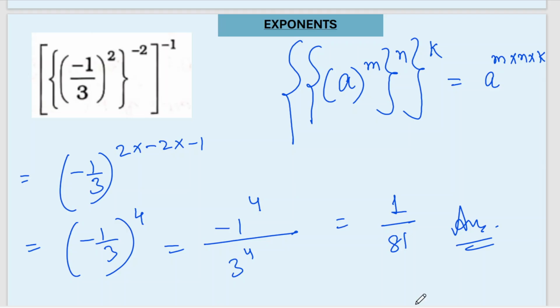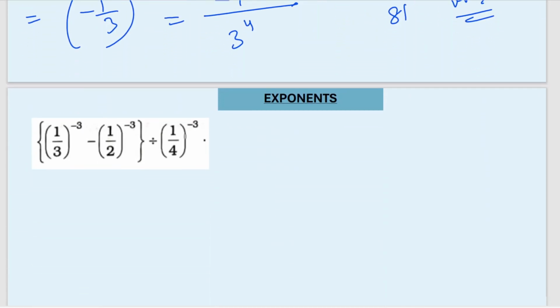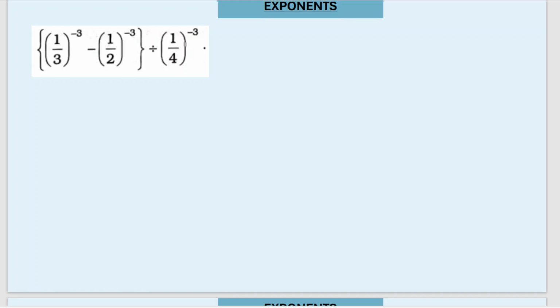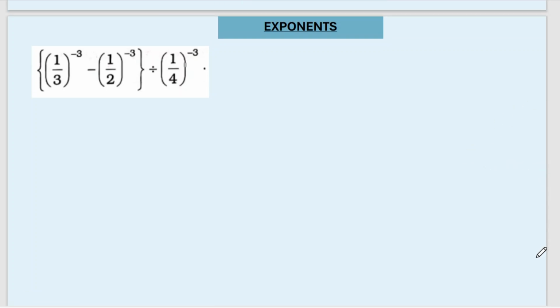Now the next question: 1 by 3 to the power minus 3 minus 1 by 2 to the power minus 3, in bracket, and divided by 1 by 4 to the power minus 3. So let us use the BODMAS rule. 1 by 3 to the power minus 3 can be written as 3 to the power 3, minus 1 by 2 to the power minus 3 can be written as 2 to the power 3, and divided by 1 by 4 to the power minus 3 can be written as 4 to the power 3.